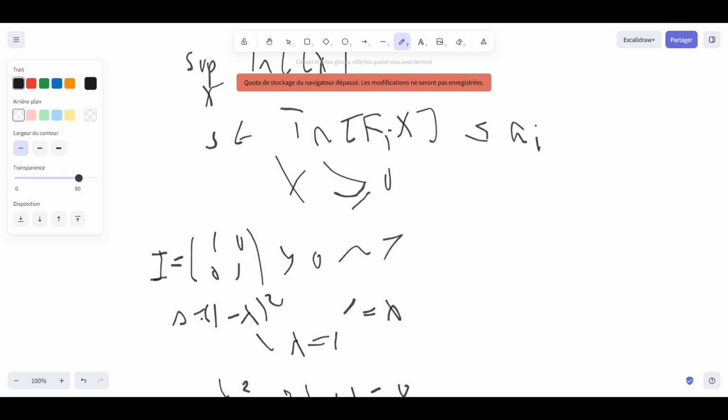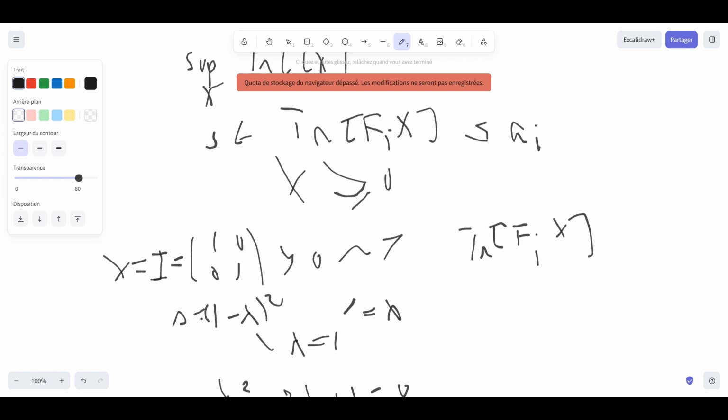you take x equal to I, and so you try to verify the constraints, the trace of F_i x.